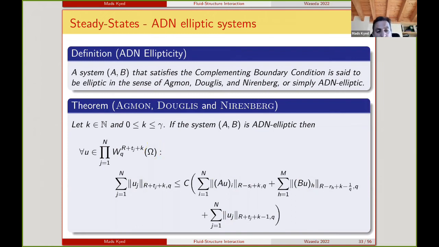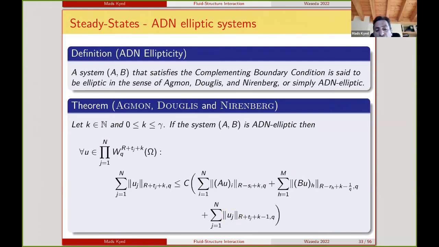This means you flatten your boundary and then apply half-space estimates and whole-space estimates. But since you're localizing, you always end up with terms of lower order on the right-hand side, by the very nature of a localization argument.